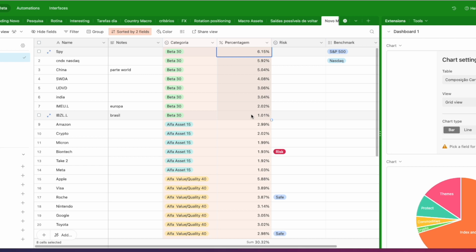And then I have something that I call assets that are a little bit more risky, but not too risky, with 15%, names like Amazon and the main crypto. So I would say that these are the models that I'm working on at the present moment.